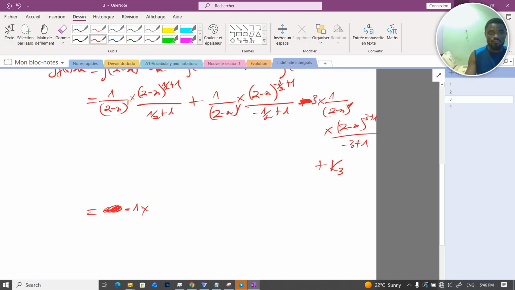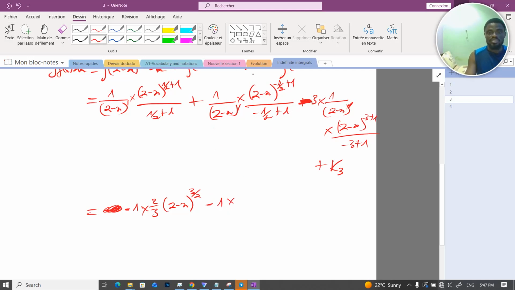This bottom will be 3 on 2, so 2 on 3 times 2 minus x to the 3 on 2, plus minus 1 times, this bottom, minus half plus 1 gives a half.